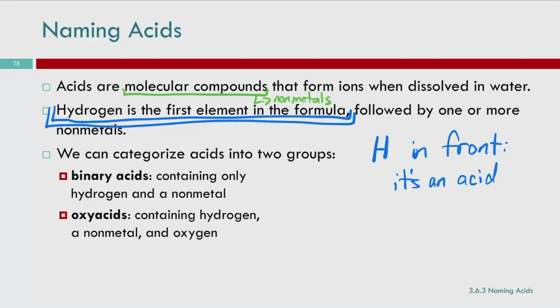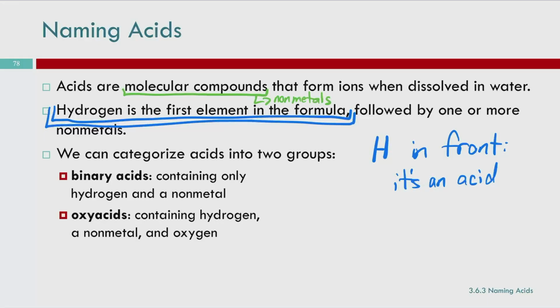So if there's a hydrogen in front, that means in this class, it's an acid. Not all acids in the real world outside of this classroom have the H in front. In this class, all of the acids will have the H in front. That's your cue, your key that we're dealing with an acid. We are going to have two groups of acids.